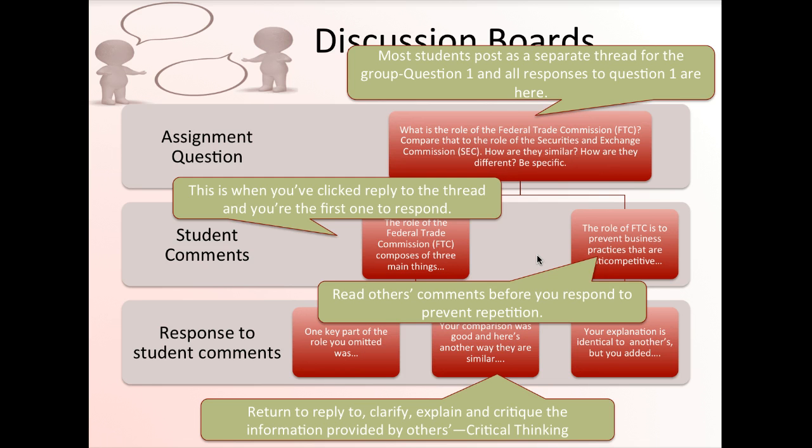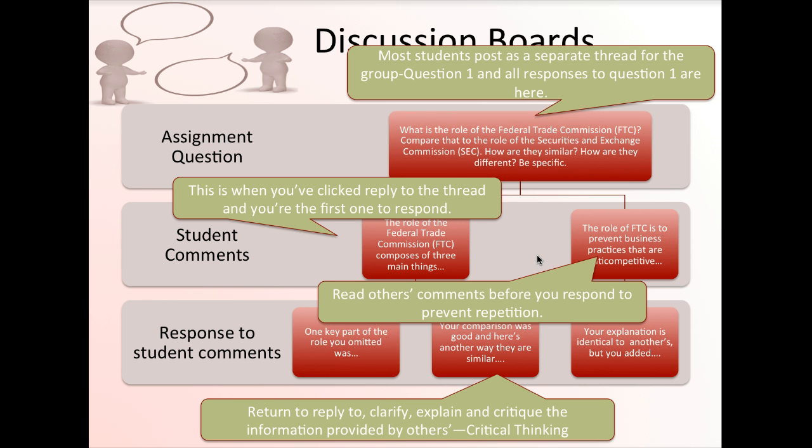When you post, whether it's a first comment or response to another student's comments, come back to the discussion board. So the first week, you should be out posting something by the end of the first week, even if it's just a response to one question. Then you come back and see what someone else has to say. So you return to reply to, clarify, explain, and critique the information provided by others.